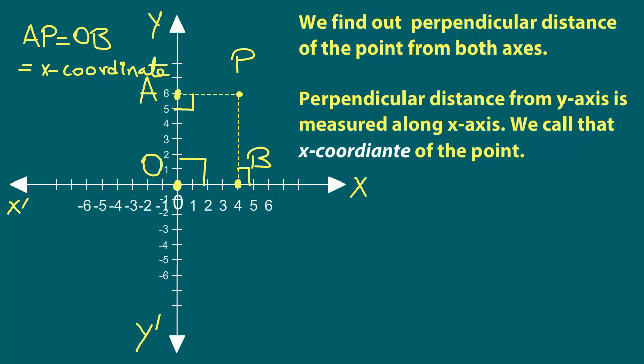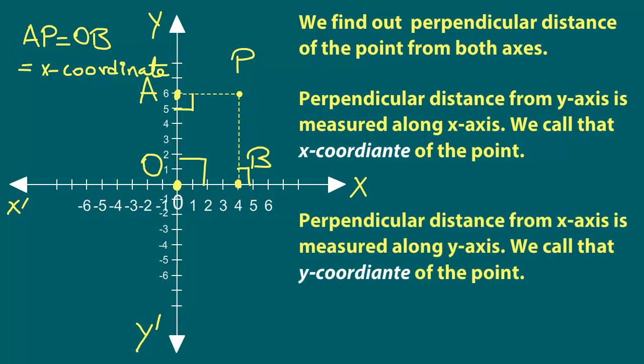Similarly, if we look at the distance BP, this is how far the point P is away from the x-axis, and this length is the same as OA. So BP is the same as OA, and the distance from the x-axis is measured along the y-axis, so we call that the y coordinate.